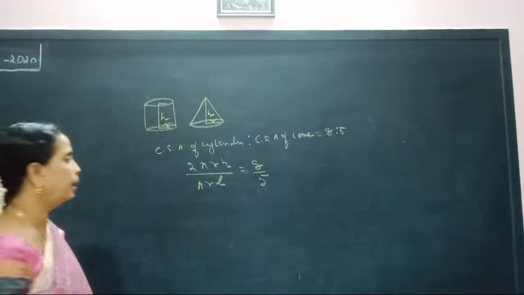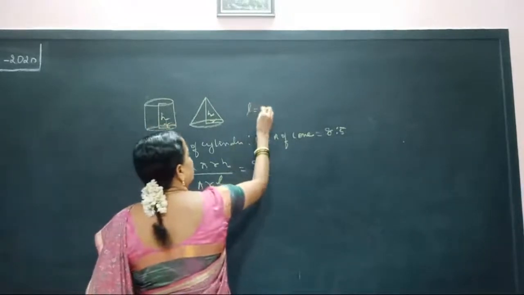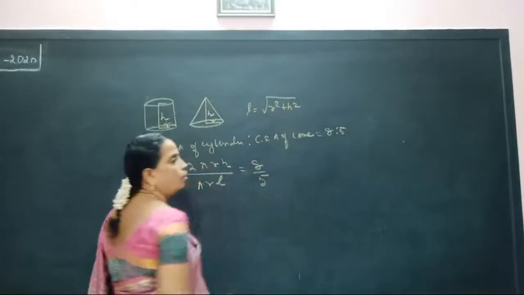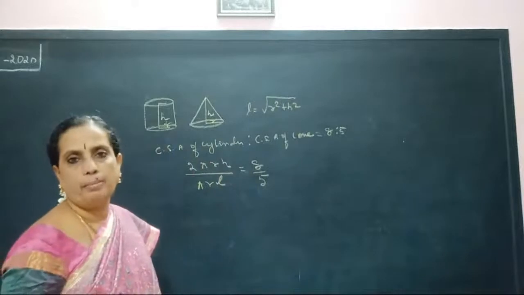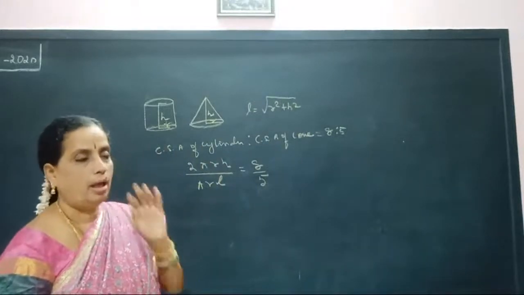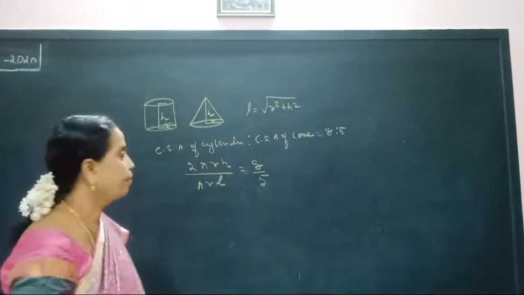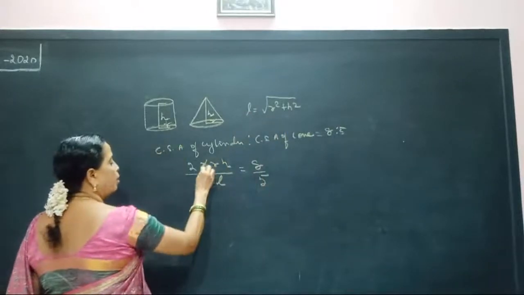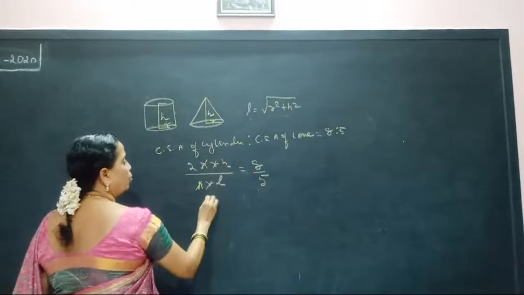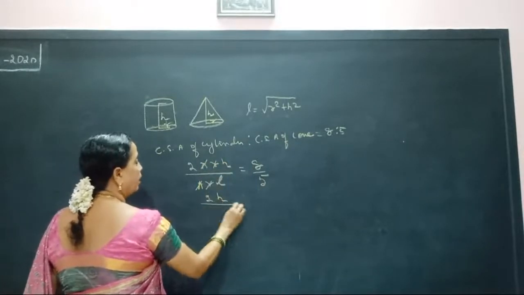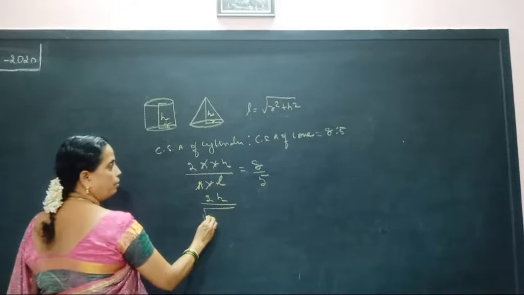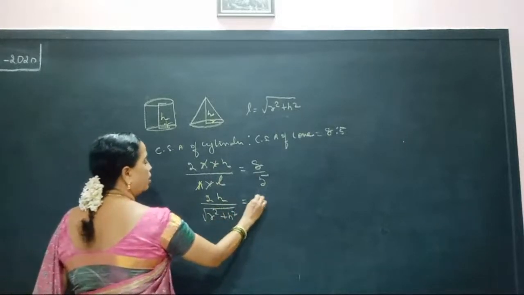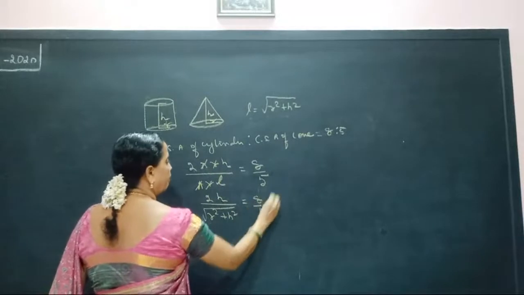So we have to keep L equals root of R square plus H square. Please observe the method. L is not given, but pi is common, radius is common. You write 2H by root of R square plus H square equals 8/5.